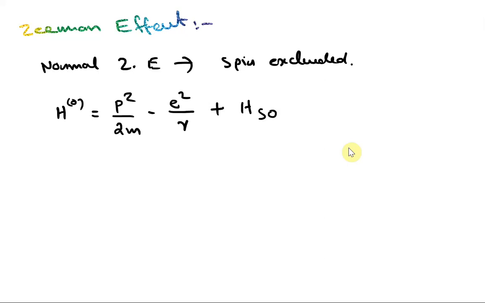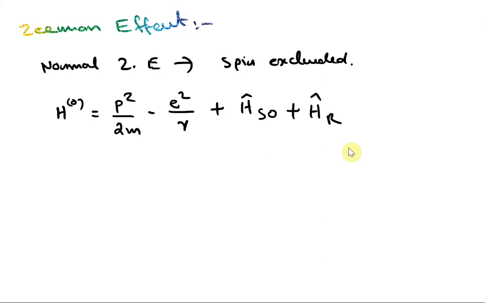Orbital motion is already there, so there is an interaction between orbital and spin angular momentum, and whatever energy is associated with that will be under the influence of this operator H_SO. Another correction is the relativistic correction, H_relativistic.